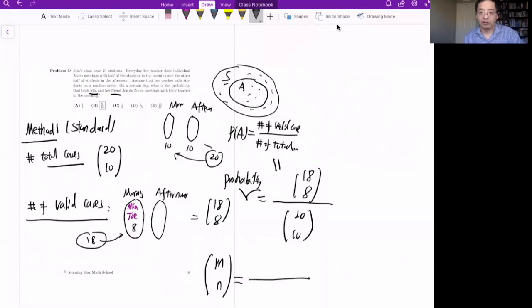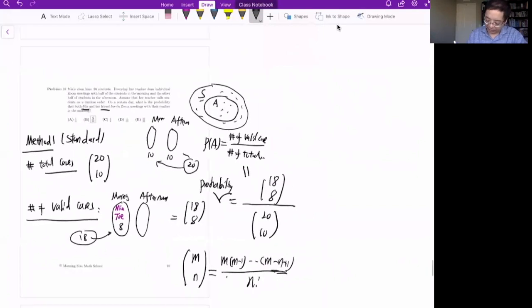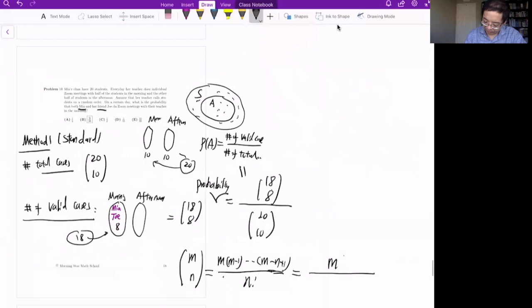There are 2 equivalent ways to represent it. One is n times n minus 1 and so on down to n minus k plus 1, divided by k factorial. Equivalently, you can write it as n factorial divided by k factorial times n minus k factorial. It's the same, you can check.